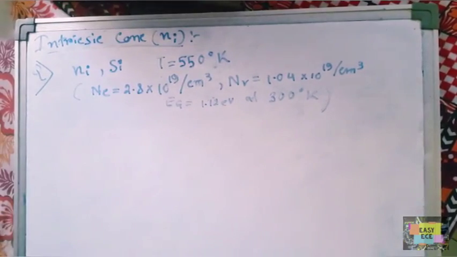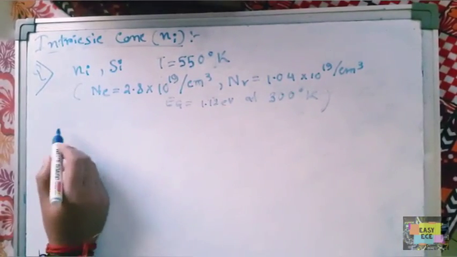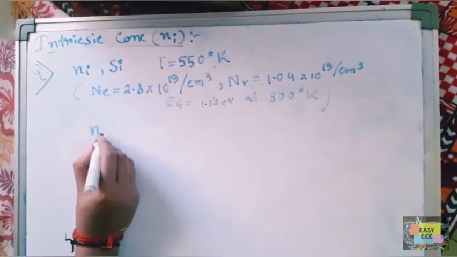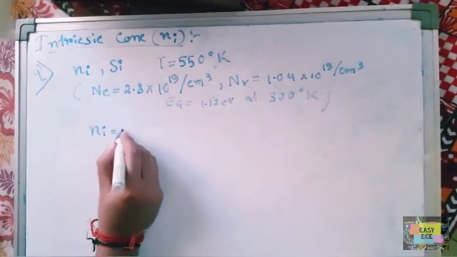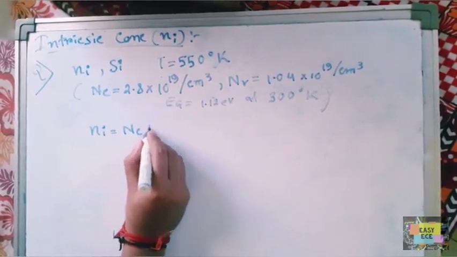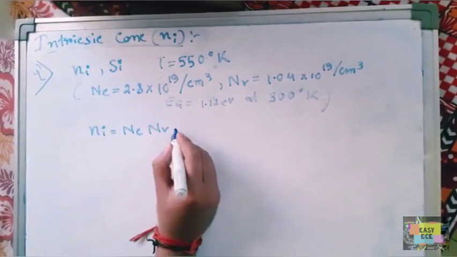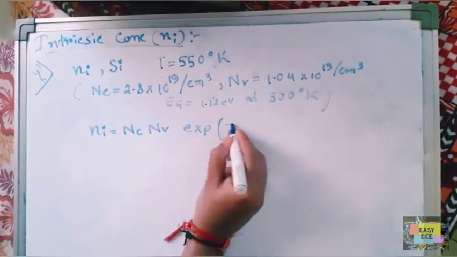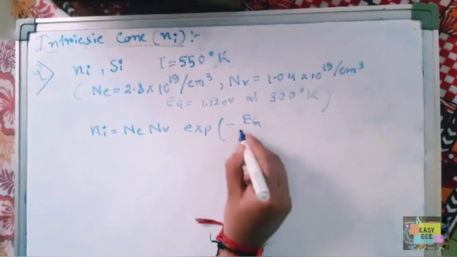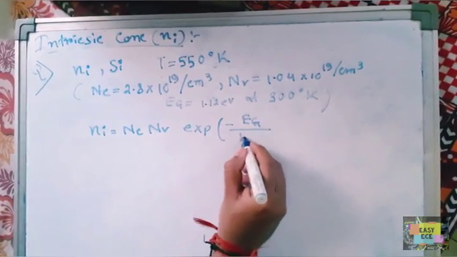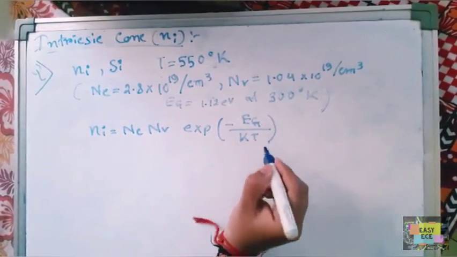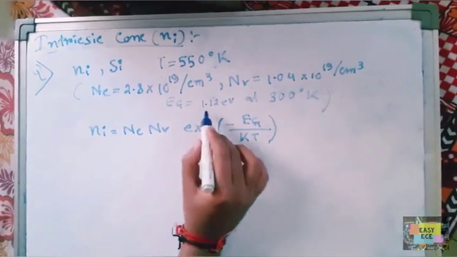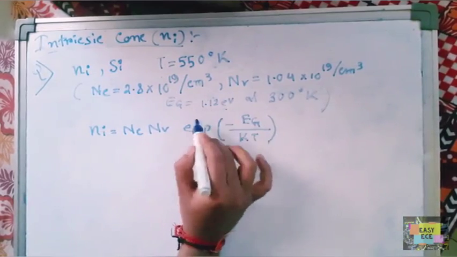At T equals 550, the intrinsic carrier concentration is found from the equation. We know the equation: Ni equals square root of Nc Nv into exponential of minus Eg by kT. Now here they gave that at 300 degrees Kelvin the energy gap is 1.12.